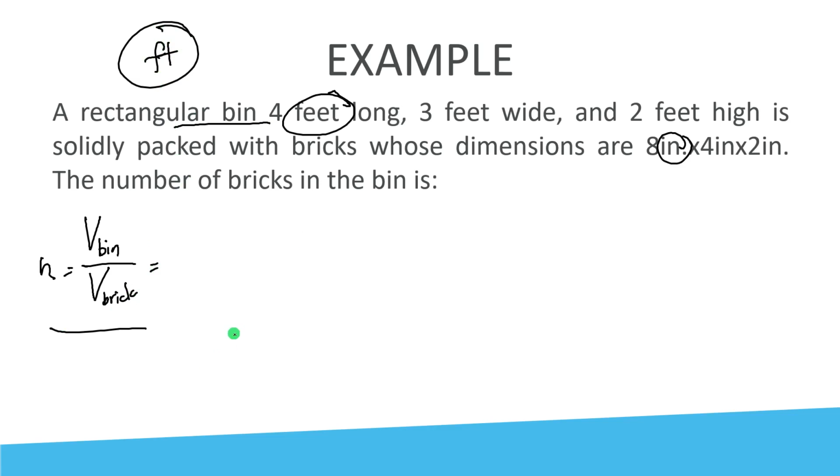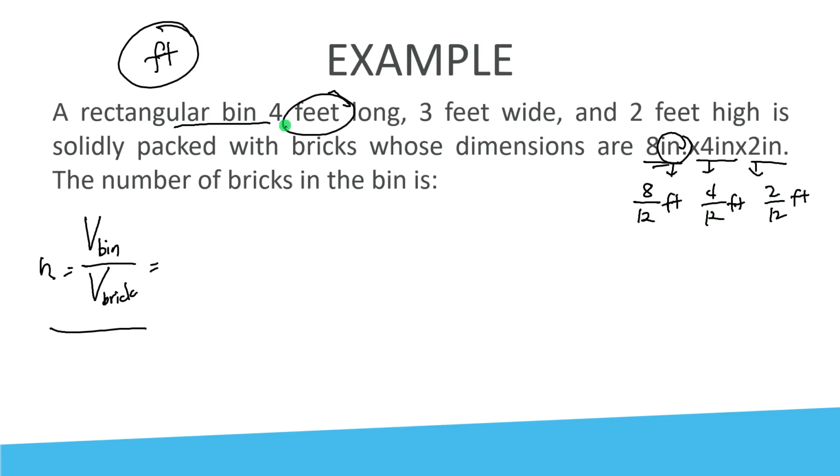It means that we must convert these dimensions into feet. Converting inches to feet, just divide by 12. So this one would be 4 over 12 feet, and 2 divided by 12 will be in feet. So we can now compute the number of bricks.